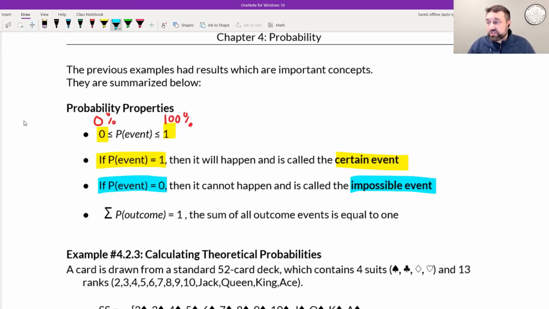Most of the time, it's somewhere in between 0 and 1. And then finally, what we talked about just a second ago, if you add them all up, remember this E-looking symbol is called sigma, and it's a Greek letter that means add them up. So if you add up all of the outcomes, all of the possible outcomes, they will equal 1.